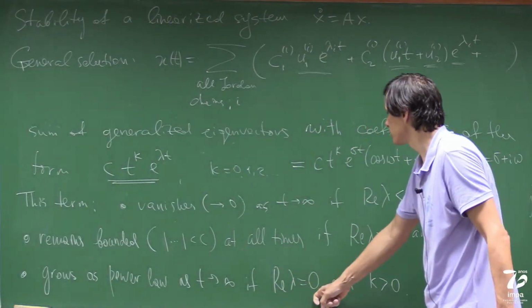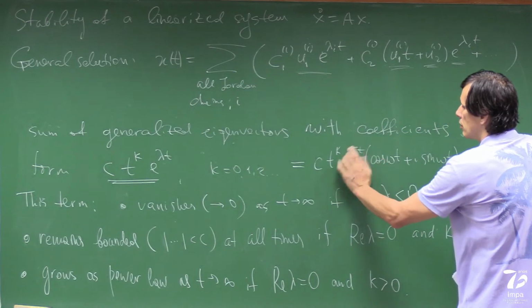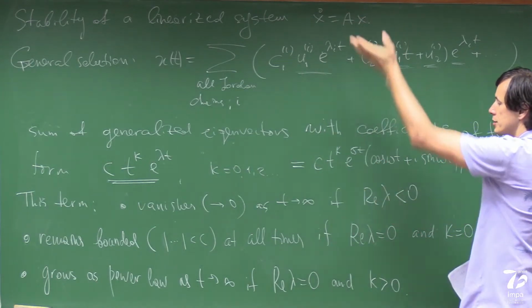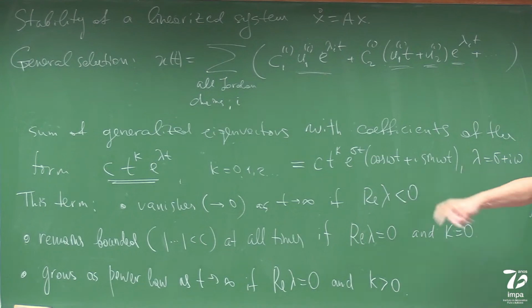With the real part 0, the exponent disappears, but there is a prefactor increasing as a power law, and then another factor which is just oscillations.